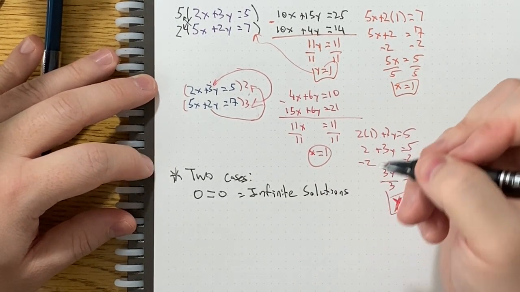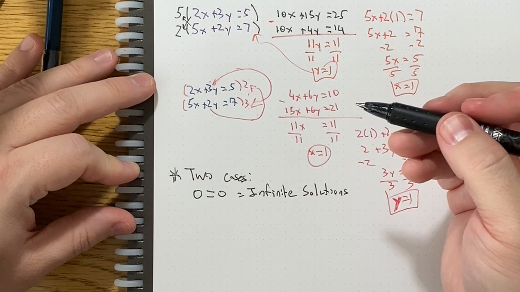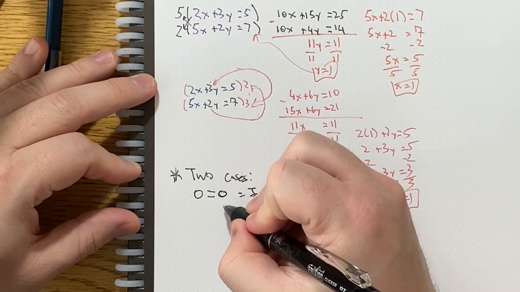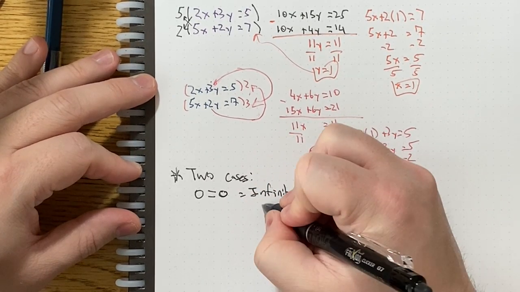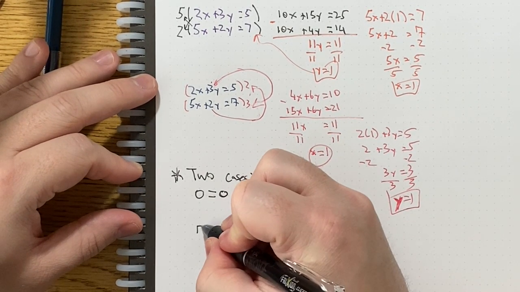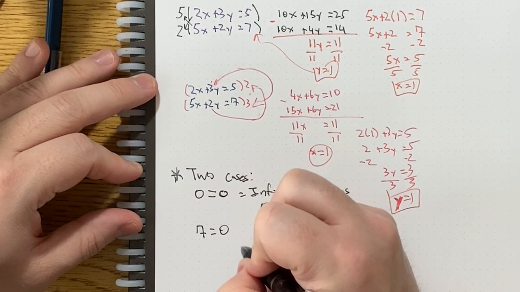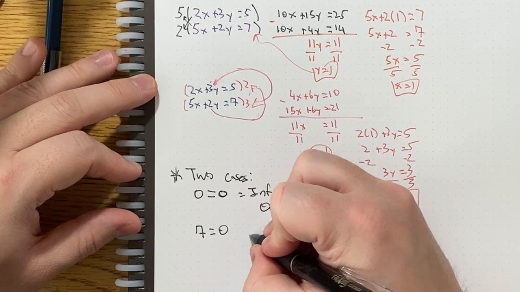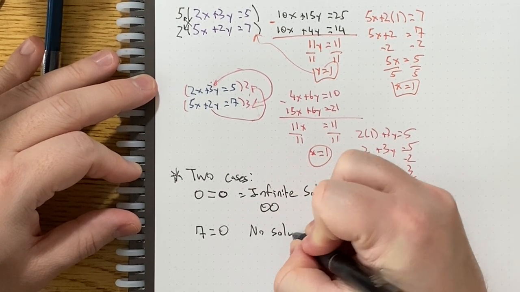They're the same equation. One's just been multiplied by the other one. The way I kind of remember this is there's 2 zeros here, right? If you put those two zeros together, you get the infinity symbol. Sometimes else you might get something that says 7 equals 0. That doesn't make any sense because 7 isn't 0. If you do that, there are no solutions.